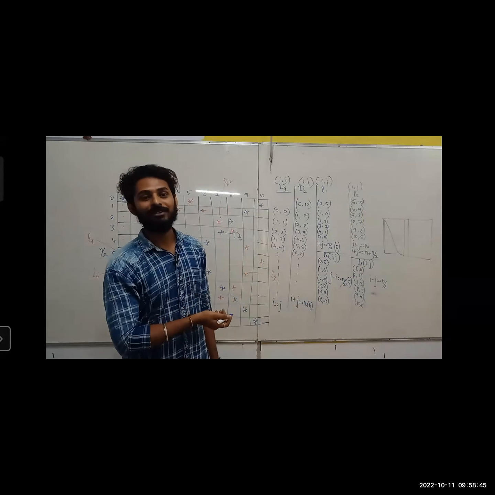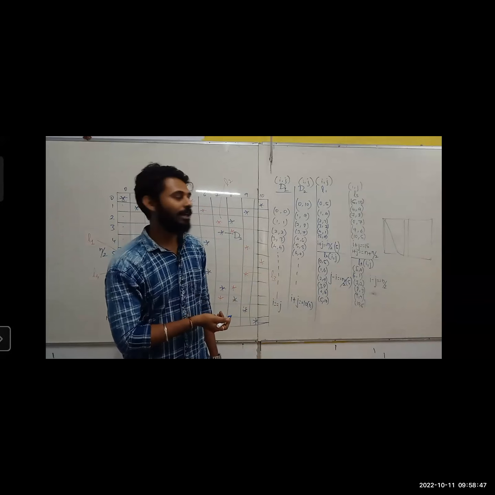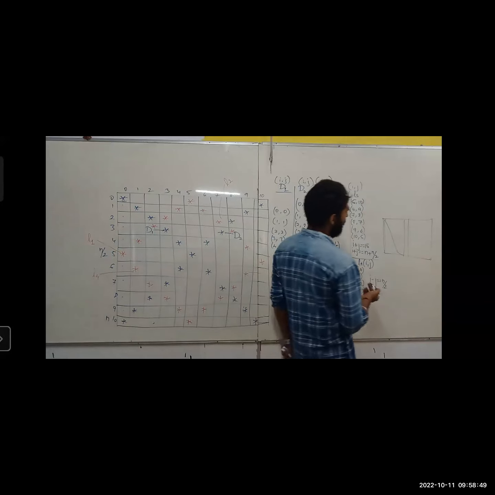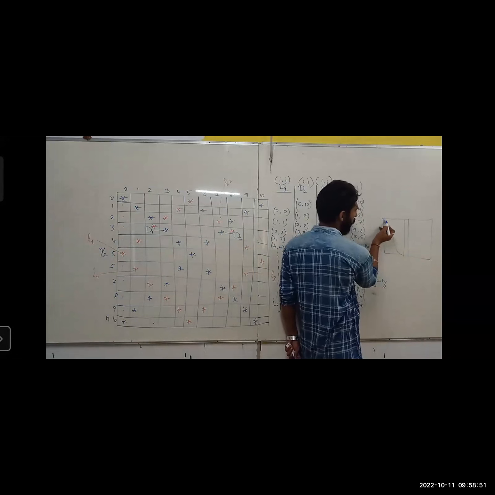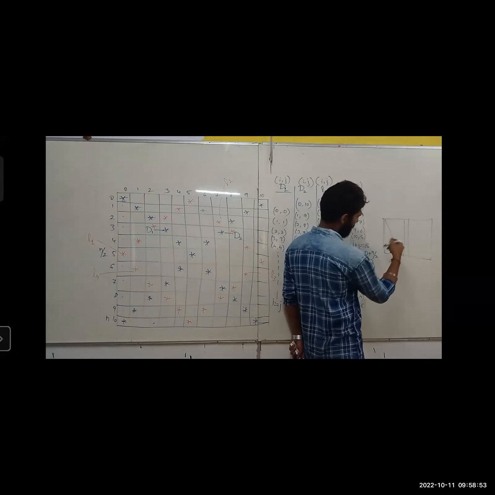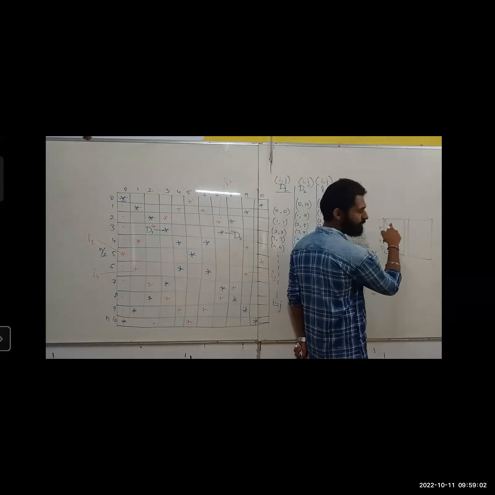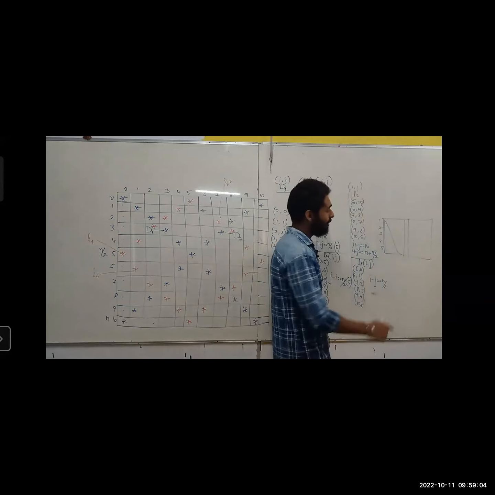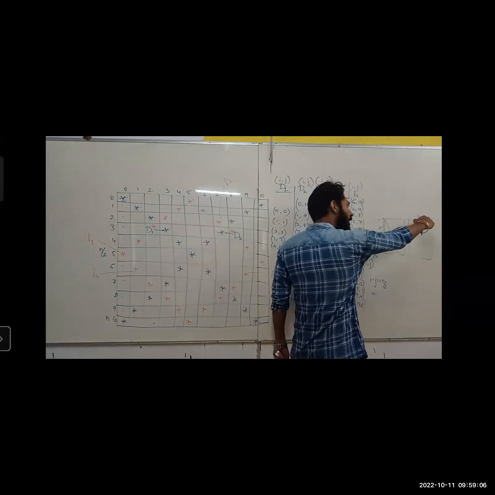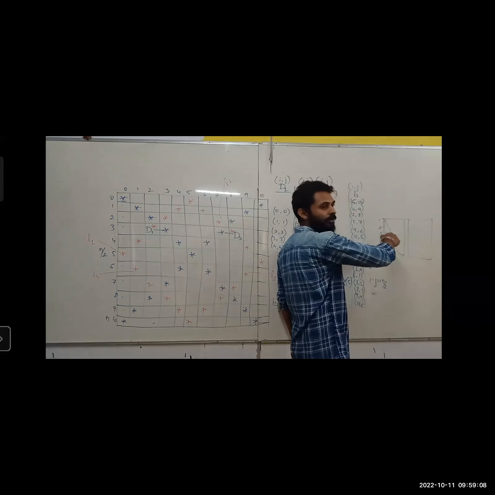Why, sir? Why will it not happen, if you ask me? If I consider here, how many rows are there? Normally, just a rough calculation. 5. 1, 2, 3, 4, 5. 5 rows are there. What do you think? 5 columns will be there here? No. 5 columns will be there, but completely, out of which only half will be there.